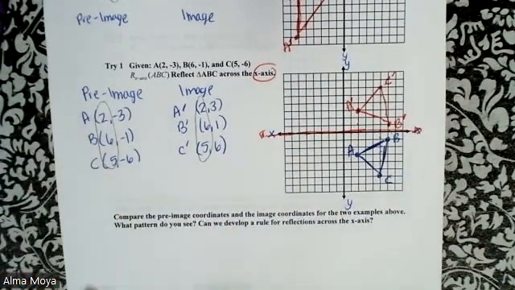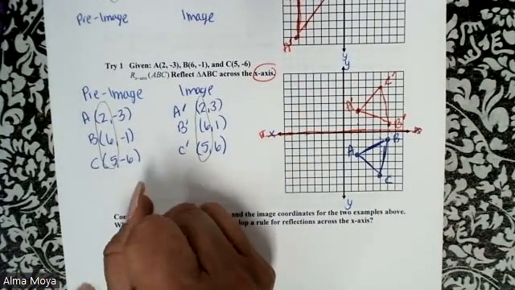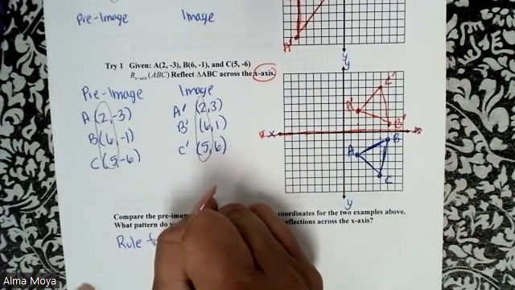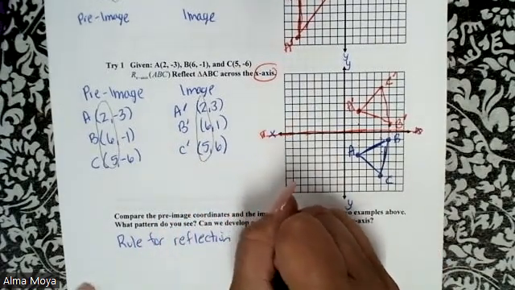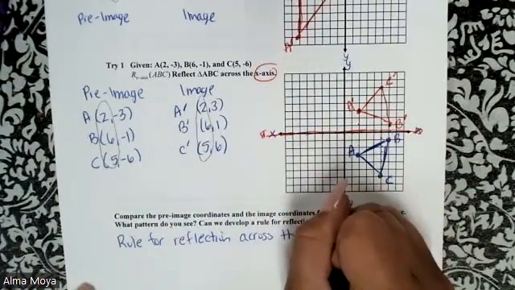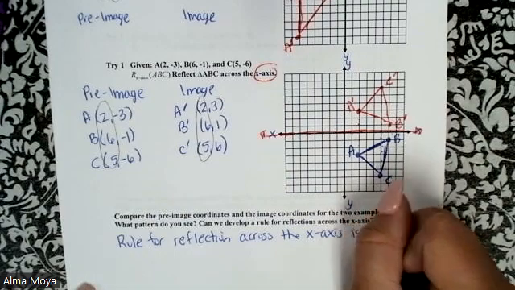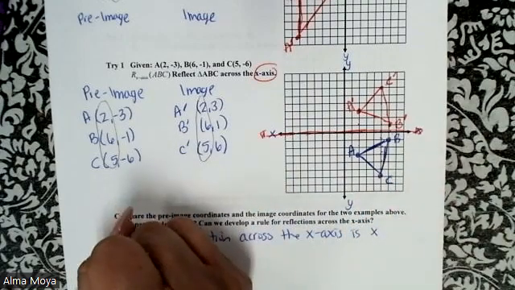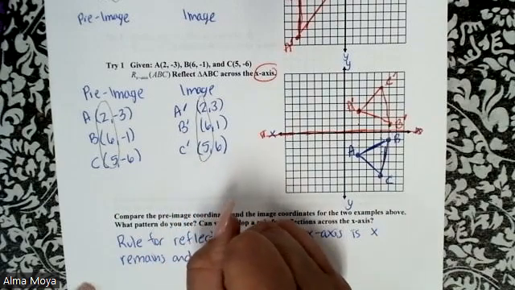We see that the X's are staying the same, the Y's are changing sign. So the rule for reflection across the x-axis is X remains the same and Y changes signs.